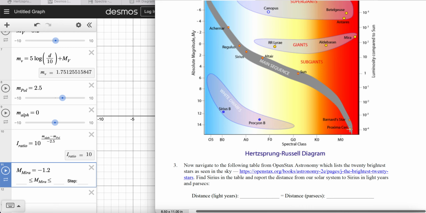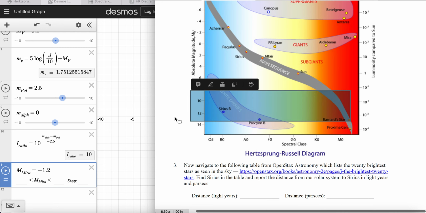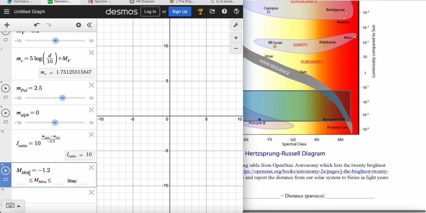And Proxima Centauri is on there, which is actually pretty similar to Alpha Centauri, although Alpha Centauri I think might be significantly brighter. So we'll do one that is on both: Barnard's Star. So I couldn't choose Mira because it wasn't on both figures, and I need to be able to cross-reference them essentially.